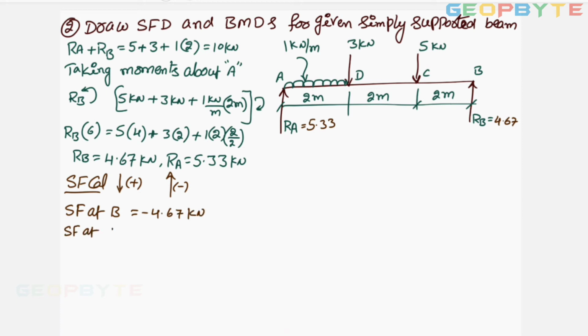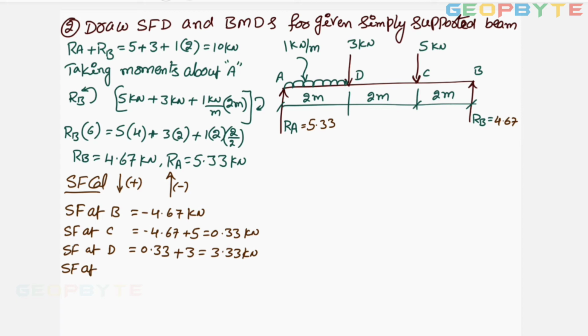Similarly, SF at C: already minus 4.67 is there, plus at C it is 5, it is 0.33 kilonewtons. SF at D: 0.33 already is there, plus at D it is 3, equal to 3.33 kilonewtons.